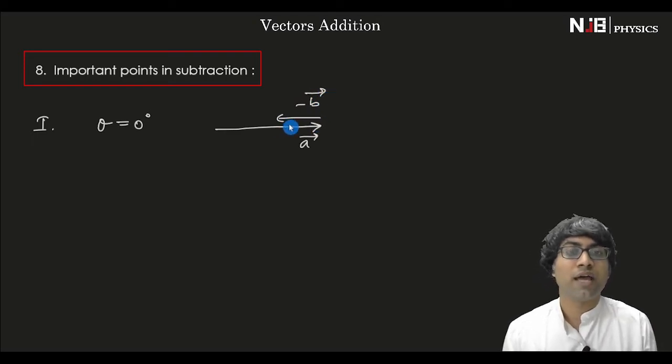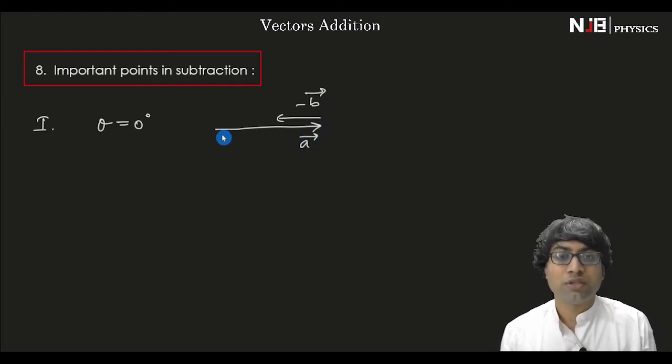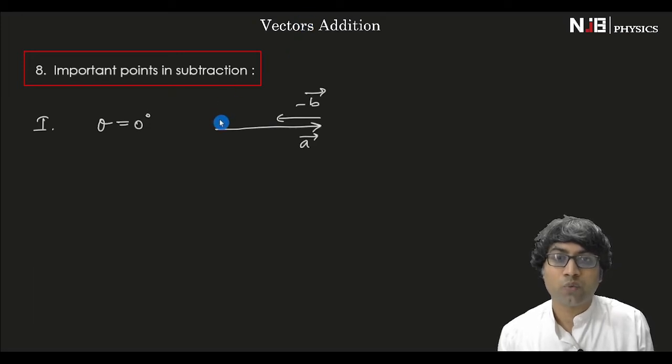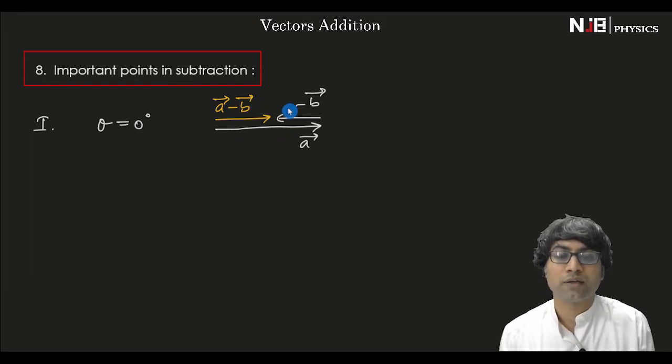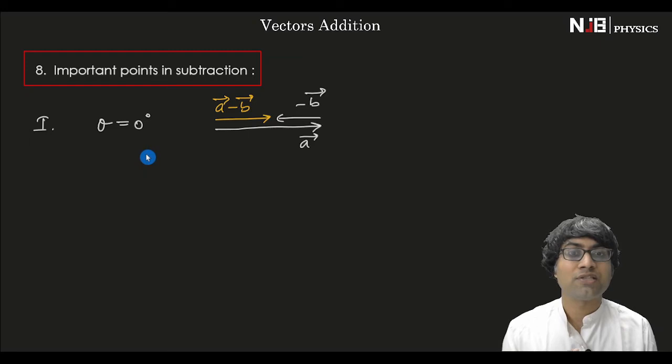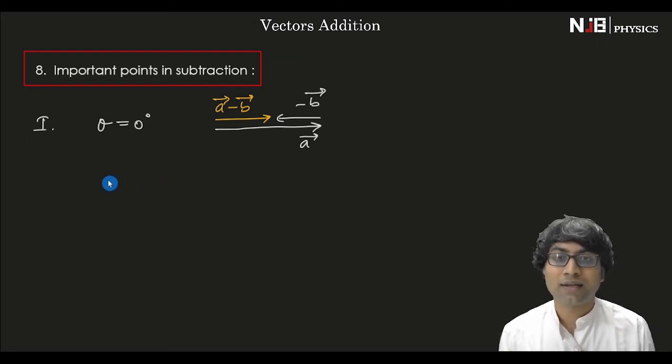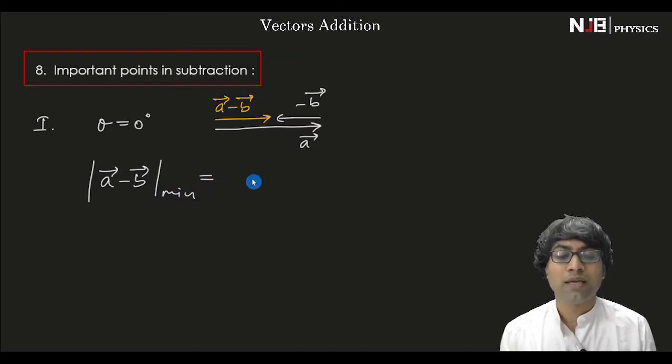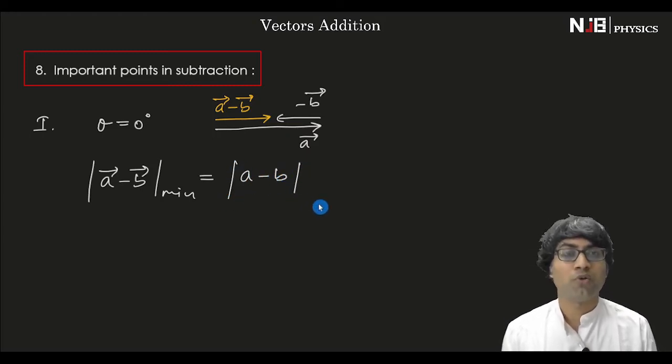Why is it in the opposite direction? Because a vector and b vector are parallel, so a vector and minus b vector must be anti-parallel. So a vector minus b vector will be this vector. So you can see that when the angle is 0 degrees, that means the two vectors are parallel, in that case the difference of the two vectors is going to be minimum, and that minimum difference is equal to a minus b in modulus.